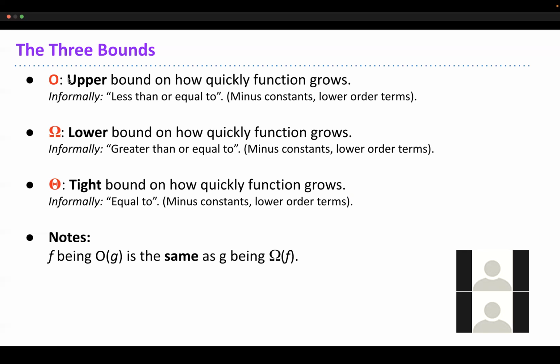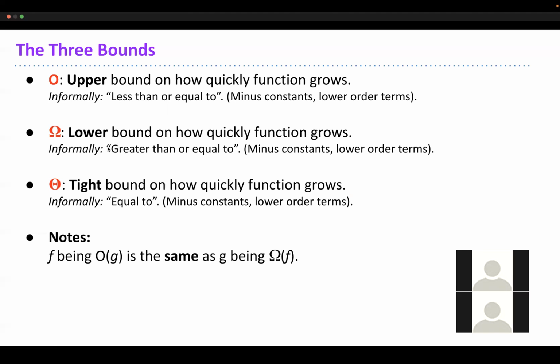So for example, the difference between the two, let's say you have an algorithm that runs in linear time. An upper bound is O(n squared), because a linear running time algorithm is less than or equal to a quadratic runtime algorithm.